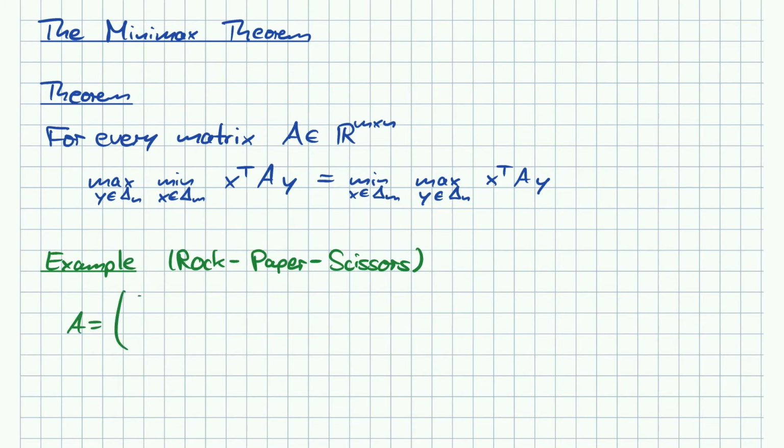The matrix was this one. Let's talk first about this part here. How big is this? If you are the column player, how would you decide to play? Well, one thing that you could do is just play each of these strategies with a probability of a third.